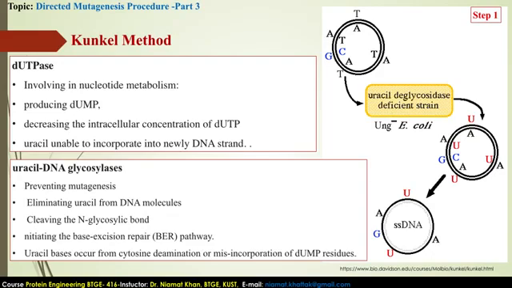Normally, DNA consists of four nucleotides A, G, C, and T, while uracil can only be present in DNA by two mechanisms, either cytosine deamination or misincorporation of dUMP residues.